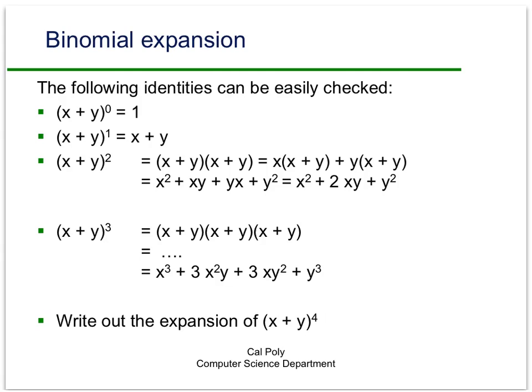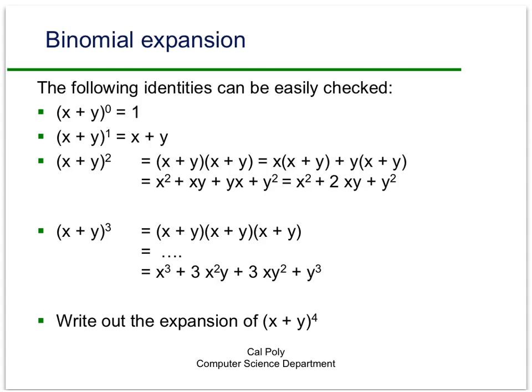So where do the coefficients here come from? Well, there's a coefficient of 1 on the x cubed. Where does x cubed come from? It comes from choosing an x from here, choosing an x from here, and choosing an x from here. So from every term, we get x cubed by choosing x from every term. For the next one, we have to get an x from two of the terms, say these first two, and a y from the other term.